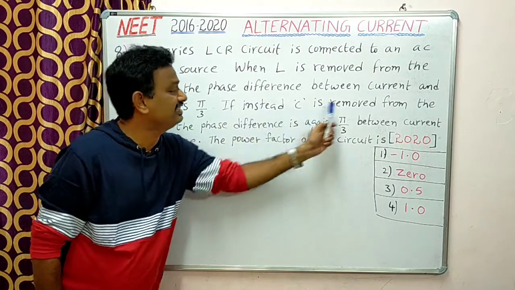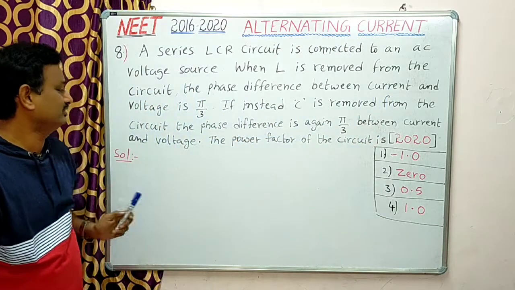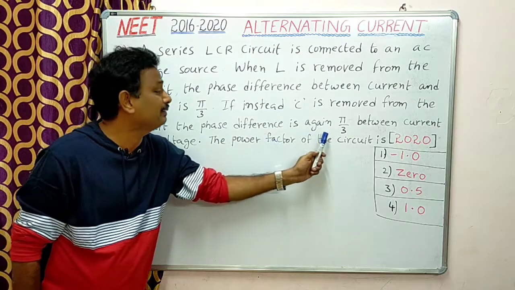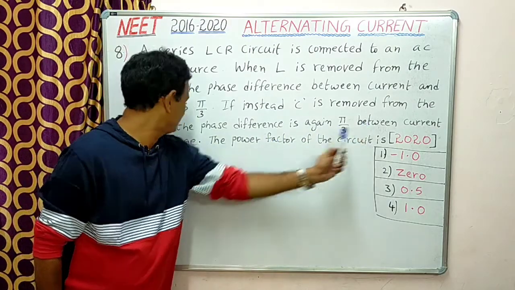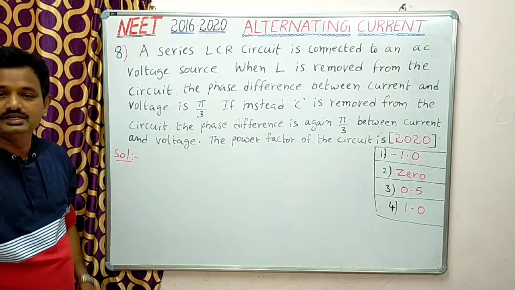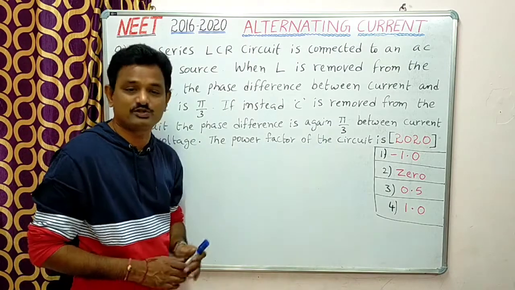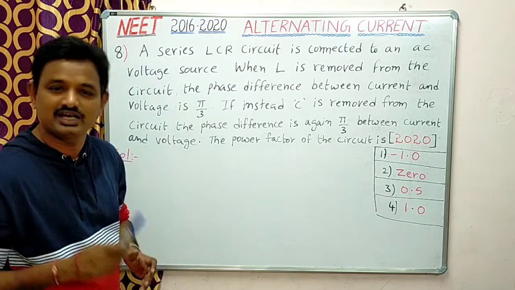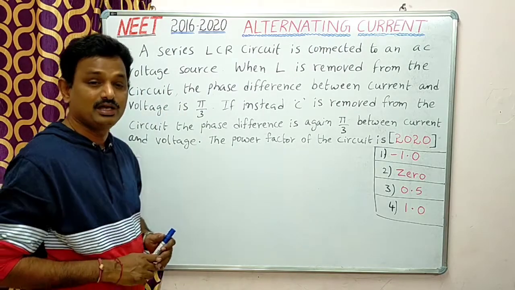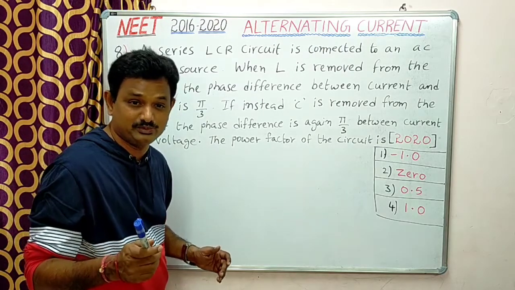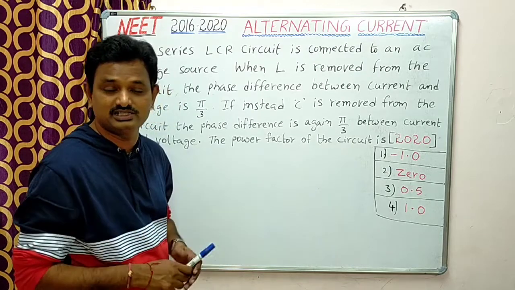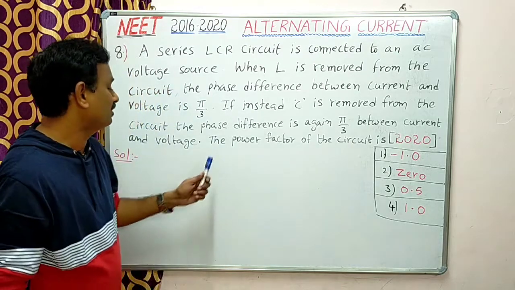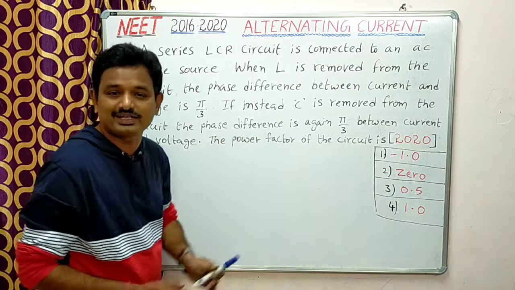If instead C is removed from the circuit, the phase difference is again pi by 3 between current and voltage. The power factor of the circuit is? So you have to find the power factor of the circuit.